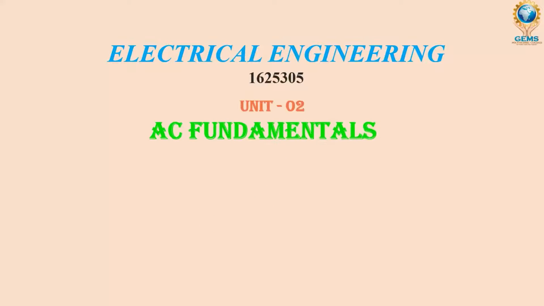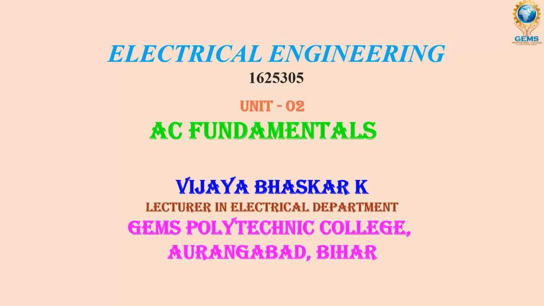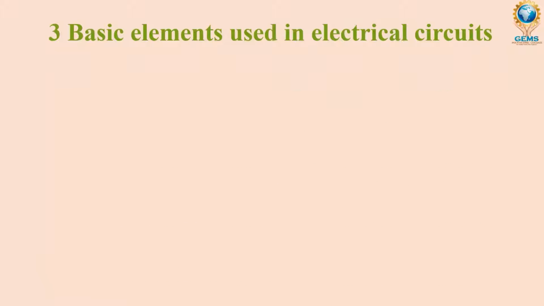Hello students, in this class we are going to see AC fundamentals, second chapter. In this chapter we are going to see about three basic elements of electrical engineering. Okay, what are these three?